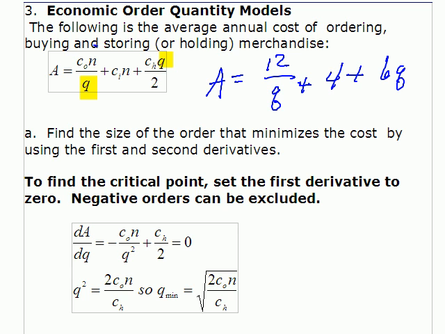The C naught and the N is just a constant. Might as well be the number 12. These terms, they're letters, but they're held constant. Could just as well be 4. And the CH over 2 could just as well be 6. If you need to think of the problem like that, think of it like that. Those other letters are constant for the purpose of this problem, because I'm taking the derivative with respect to Q and everything else is held constant while I do that.